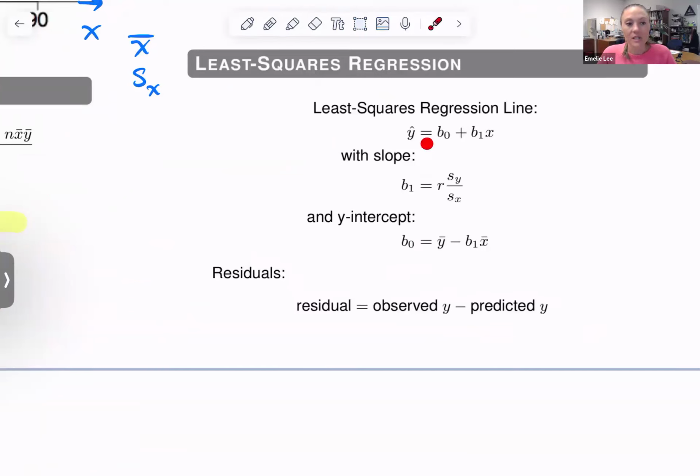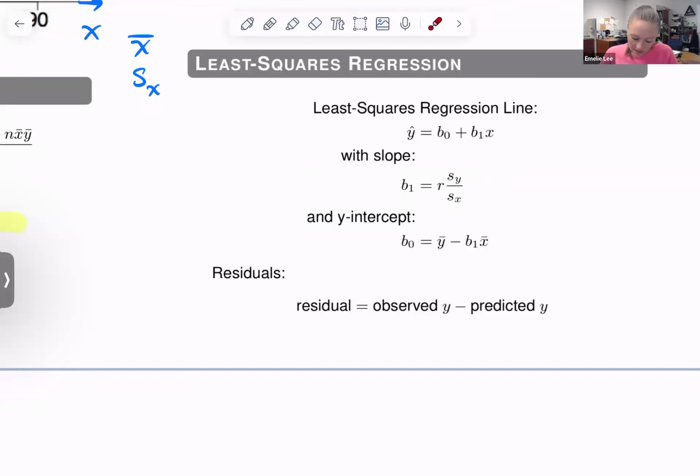So here, your least squares regression line, y hat is b naught plus b1x, right? So it's on your formula sheet. And what I want you to really practice reading is, if you're not sure which one of these is the slope, I tell you what the slope is. The slope is b1, okay? And how we calculate the slope is we take the correlation times the standard deviation of the y's divided by the standard deviation of the x's.